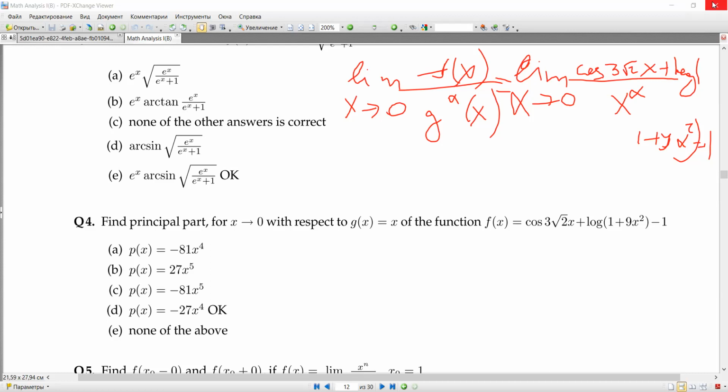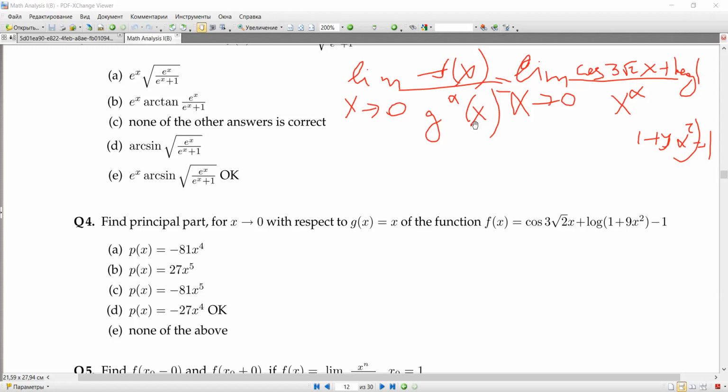I mean, after all that, we have only cosines. If you put 0 in the cosines, it will be just 1, and it will have just logarithm 1 plus 9x squared. And if I'm not mistaken, it's similar to logarithm 1 plus x. What was the formula for logarithm 1 plus x?